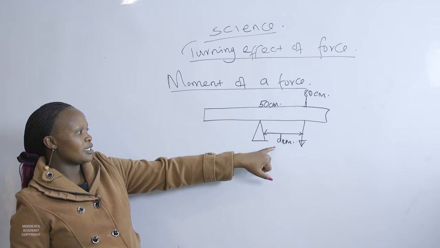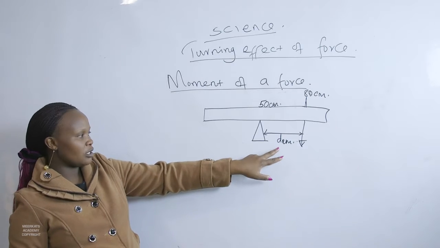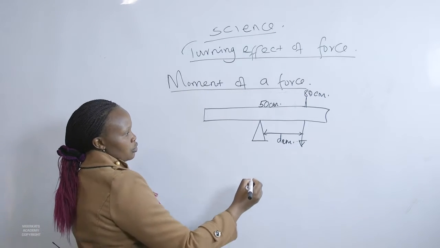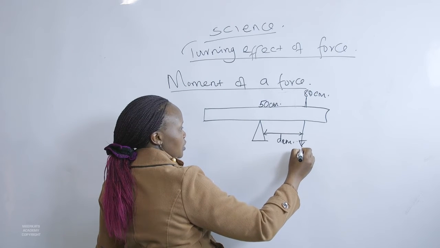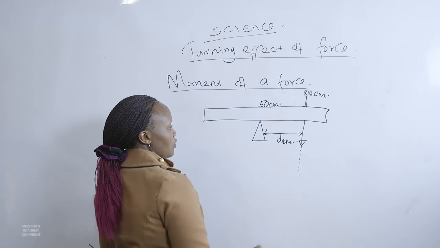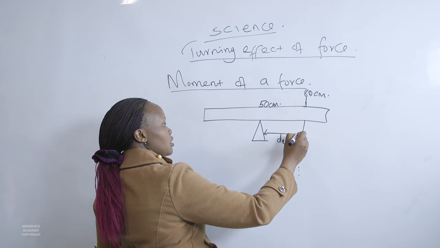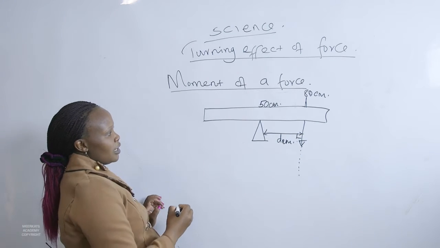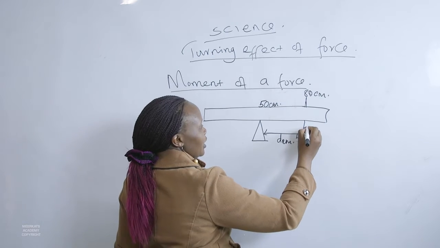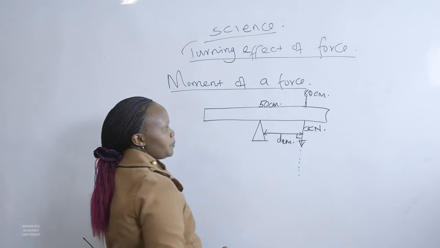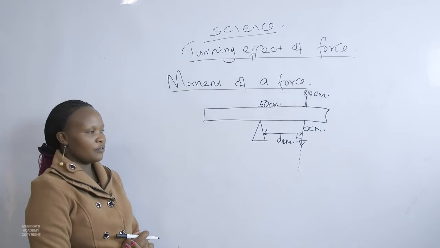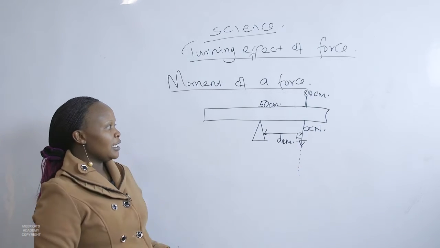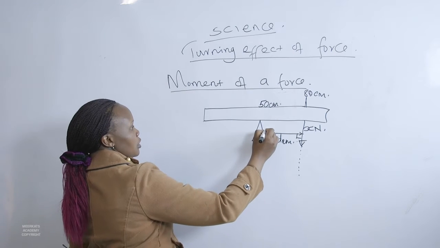Now, this distance is the perpendicular distance between the point of support and the line of action of the force. The line of action of the force. Therefore, we have this perpendicular distance. Let us say that the magnitude is X newtons. The magnitude of our force is X newtons, and the force is acting at a point D centimeters from the fulcrum.